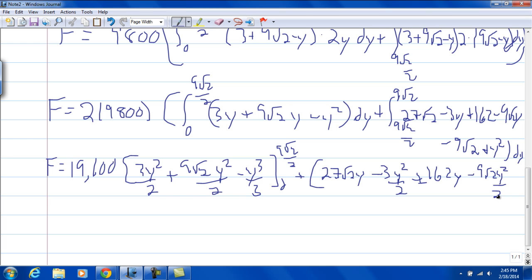We have two of those 9 root 2 y squared over 2 terms, so I'll combine them, and then we have a y cubed over 3. This is going to go from 9 root 2 over 2 to 9 root 2.